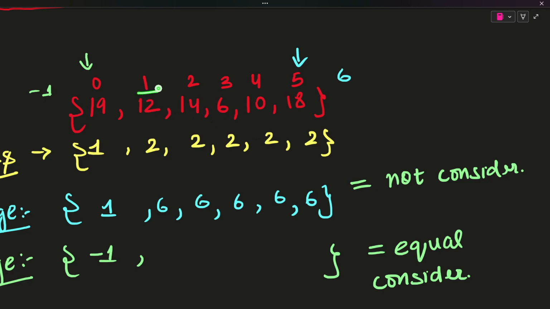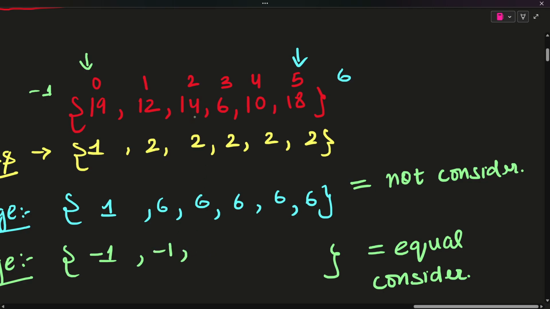But in this case, if we look backwards and any element is equal to this element, this won't be dominant because of its index. So in this case, we are going to consider the indexes, right? For this one, do we have any previous greater element? No. So this will be -1.